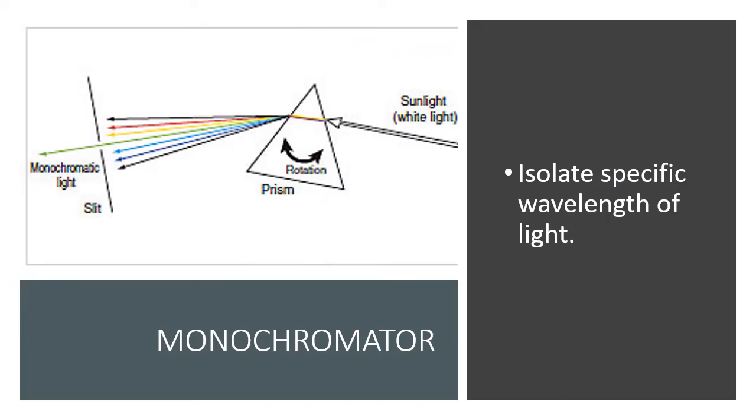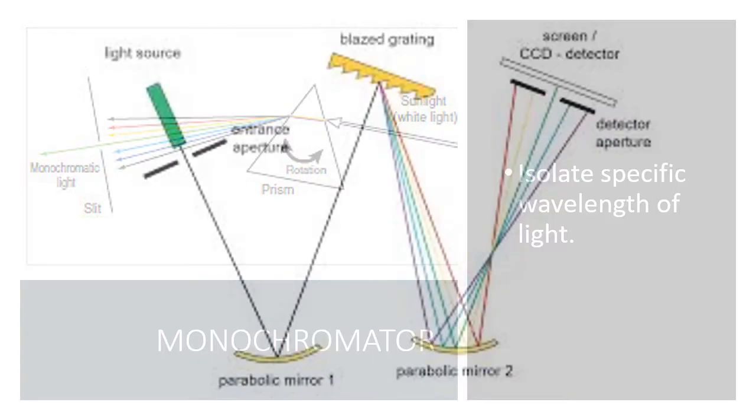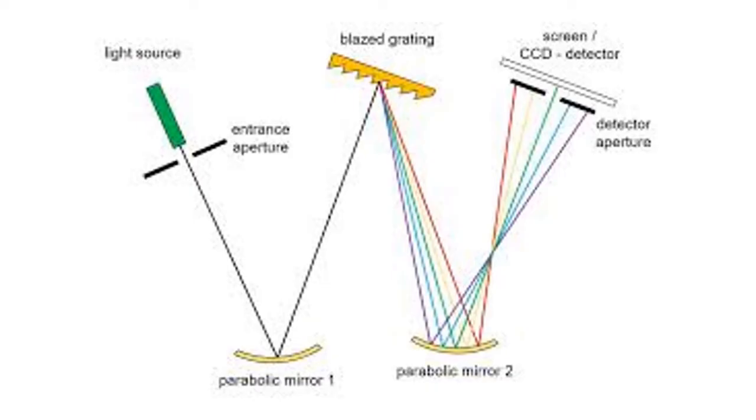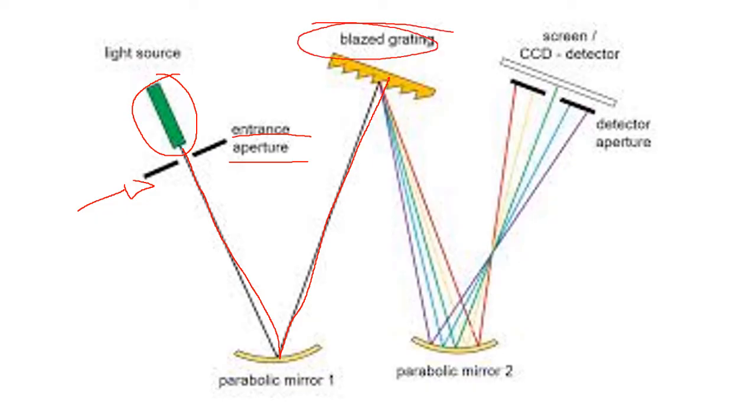Okay, so as mentioned before, monochromator's job is to isolate specific wavelengths of light. Okay, so this is how it isolates your wavelength. So you have your light source, and ito yung tinatawag natin na entrance slit, or dito entrance aperture siya. But then, papasok yung light natin dyan, it's going to be reflected, and then yung glazed grating natin, isa-separate niya yung light natin. By the way, this is a type of grating lang.